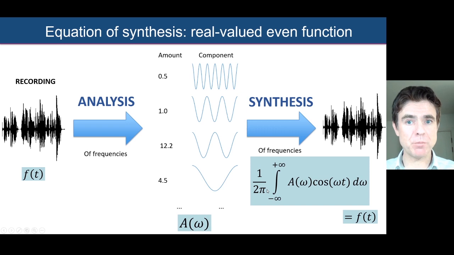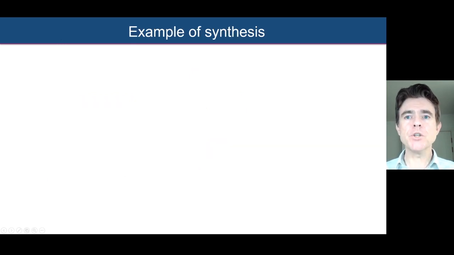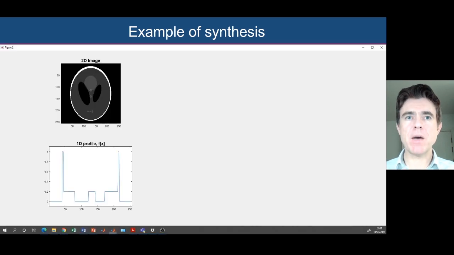It simplifies the mathematics later on when we get to the Fourier transform. And so I'm saying this synthesis is therefore just the summation of cosine frequency components, giving me the original function f of t.